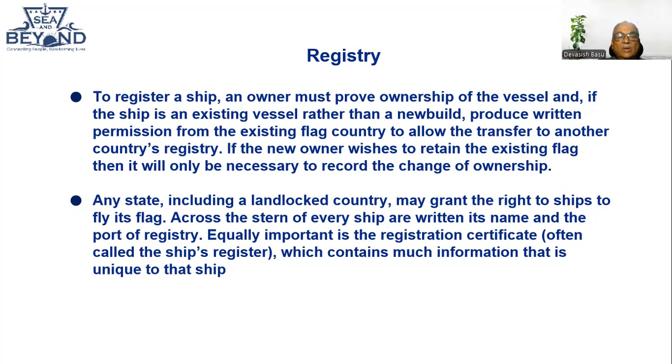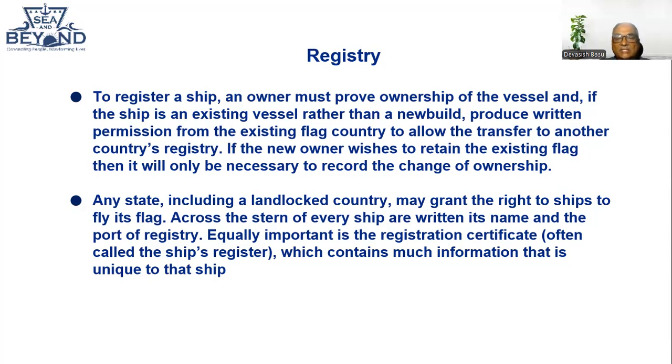Any state, including a landlocked country, may grant the right of a ship to fly its flag. Across the stern of every ship are written its name and port of registry. If you see a ship from outside, when you are walking to the ship, you see at the stern, or the rear of the ship, the ship's name and the port of registry written there.